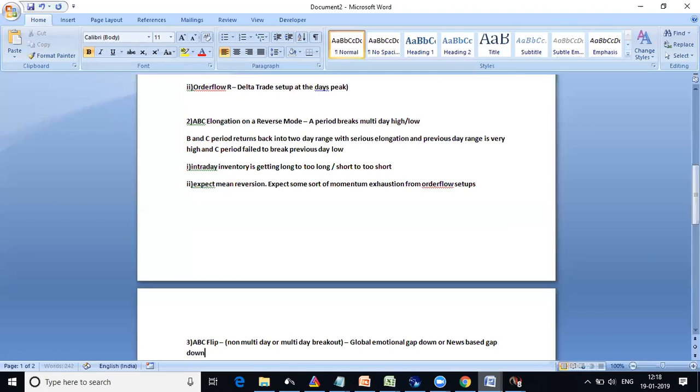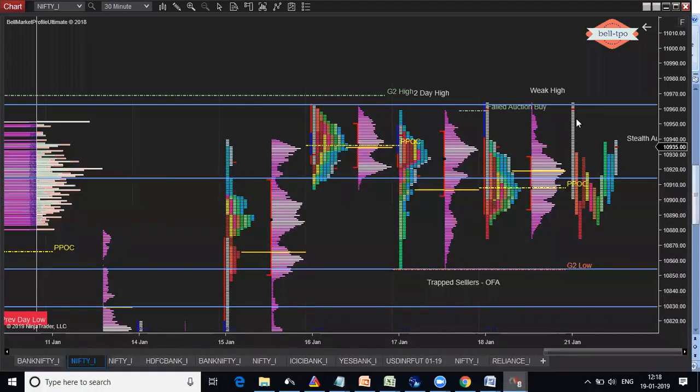In fact, yesterday's activity is also a sign. Yesterday Nifty made an ABC elongation. Can anyone recollect why the market went down like this, the first ABC elongation? It is because yesterday Sun Pharma news was hitting the markets, and there was a whistleblower announcement also posted there in the Slack.